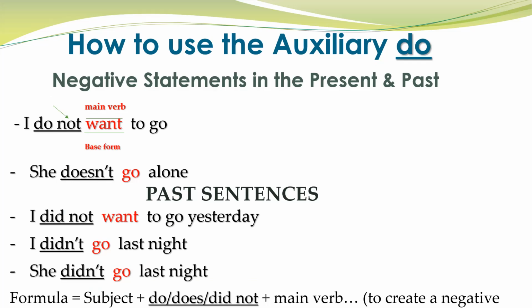We're going to start using them here when we work with past tenses. I did not want to go yesterday. It could be yesterday morning, yesterday afternoon, yesterday evening. But usually we use those with auxiliary verbs.